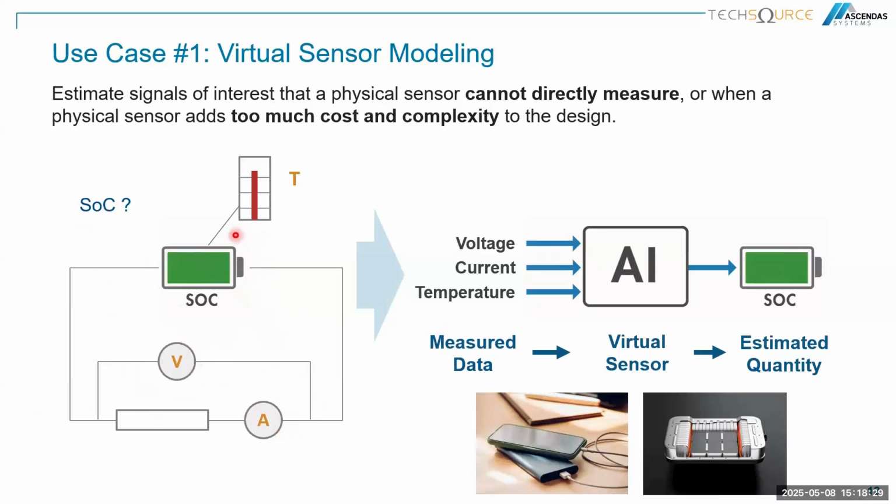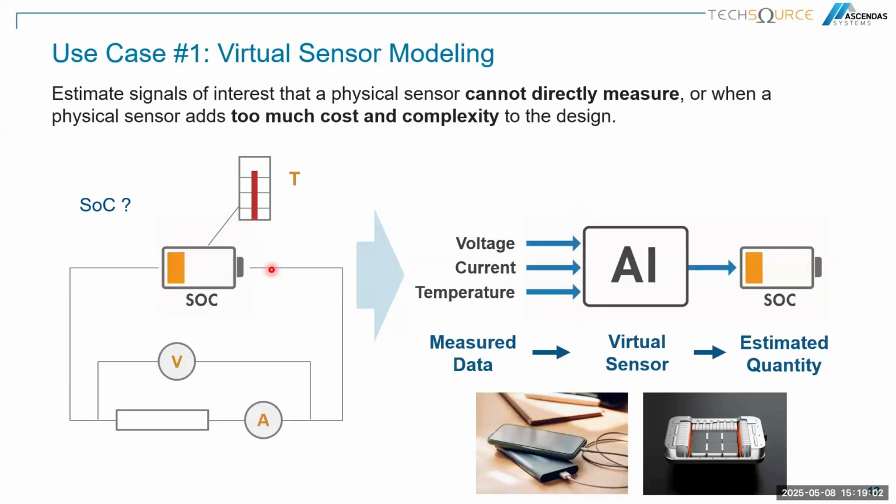But SOC is a parameter that we cannot directly measure, so it needs to be estimated. Normally you might use Kalman filters, or some formula like Coulomb counting. You can also use Coulomb counting to measure this SOC, but it's not too accurate.